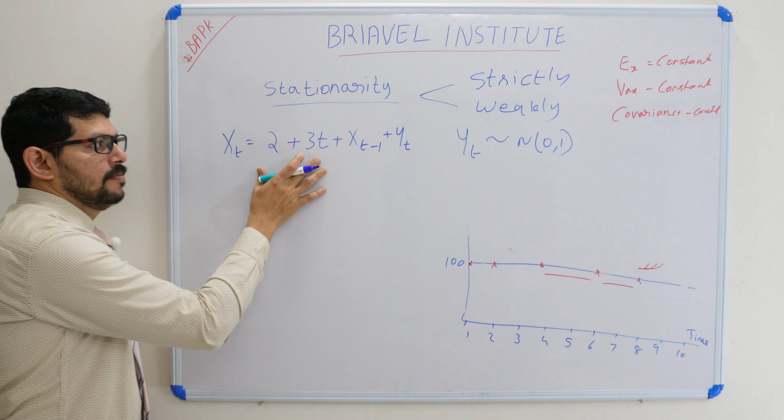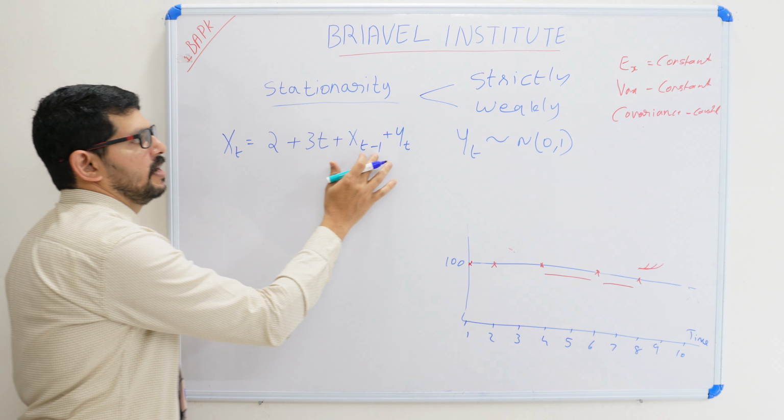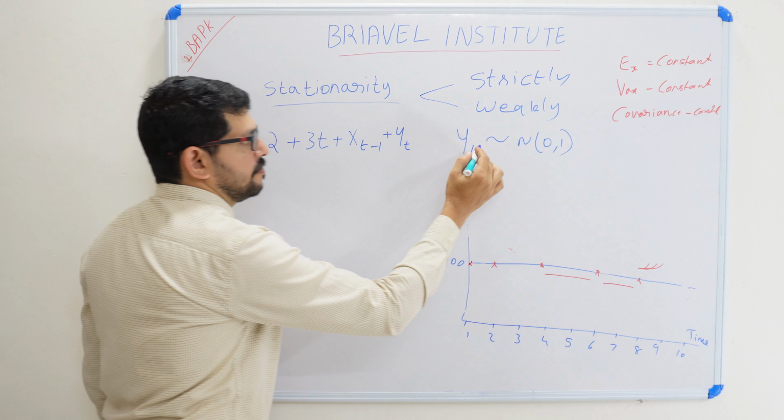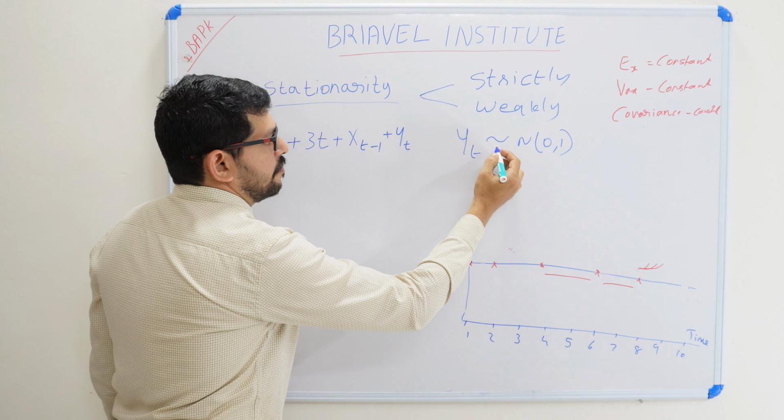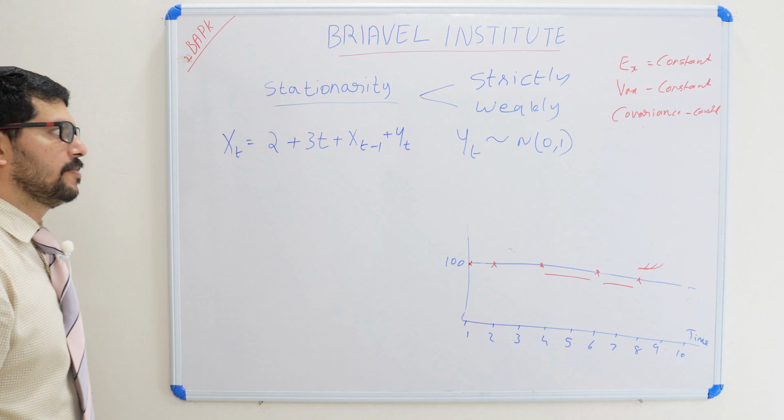This example is available in our books. So ST is equal to 2 plus 3t plus ST minus 1 plus YT, where YT is an IID random variable from the standard normal distribution.